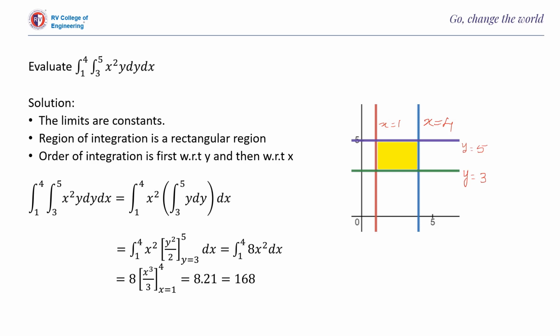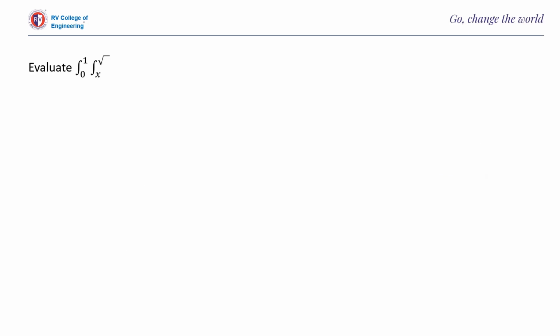Now let us move on to how to evaluate an integral with variable limits. So evaluate integral 0 to 1, integral x to root x, x y dy dx. Here we note that the limits are not constants.